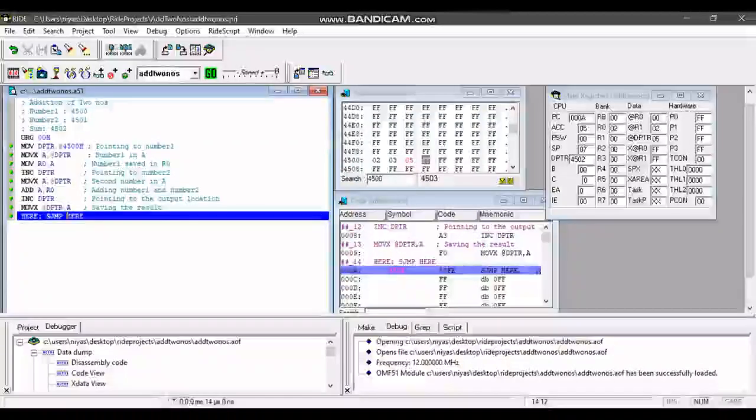So this is a basic example of how exactly our microcontroller works, where we have the program, then we have the data memory, we have the code memory. The assembler will convert the program to machine language, and it will save it in the respective locations.